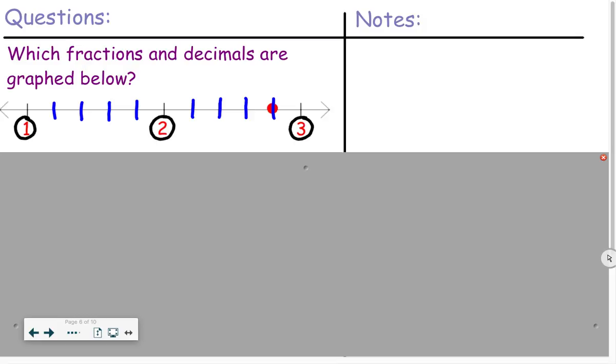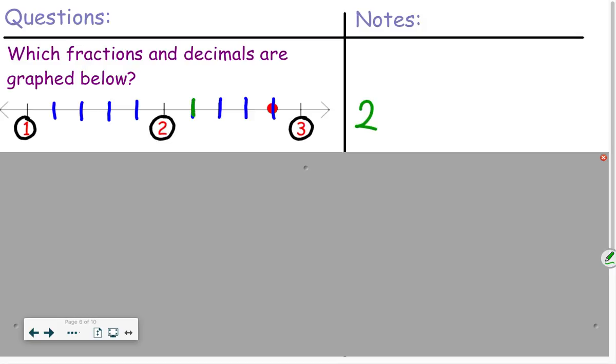Okay, I think it's easiest to write this as a fraction first before I turn it into a decimal. So since my red dot falls between 2 and 3, it's going to be 2 and a little bit more. So here is how you count the lines. We start at the 2, but don't count the line at the 2.